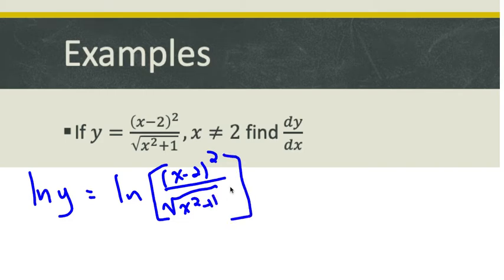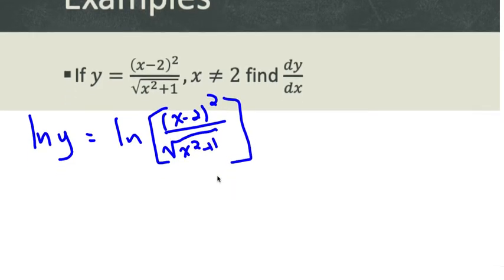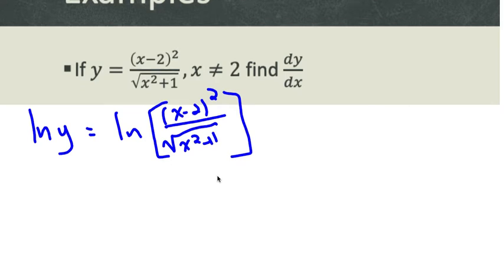Now, why did I do it that way and not just use the quotient rule? Well, for two reasons. One, these not only have the quotient rule but the chain rule inside of them, so this makes it a little bit easier. On the denominator, the outside function is square root and then the inside is x squared plus 1, and that derivative becomes more challenging to do.